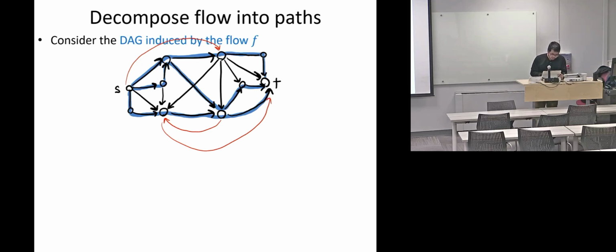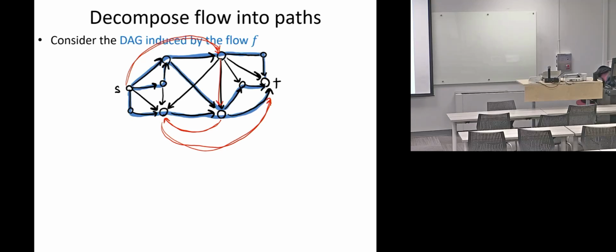So if my flow looks like this, and then I have this guy too, and then I go this way, and I go here, and go here, then at least there is a small cycle here.